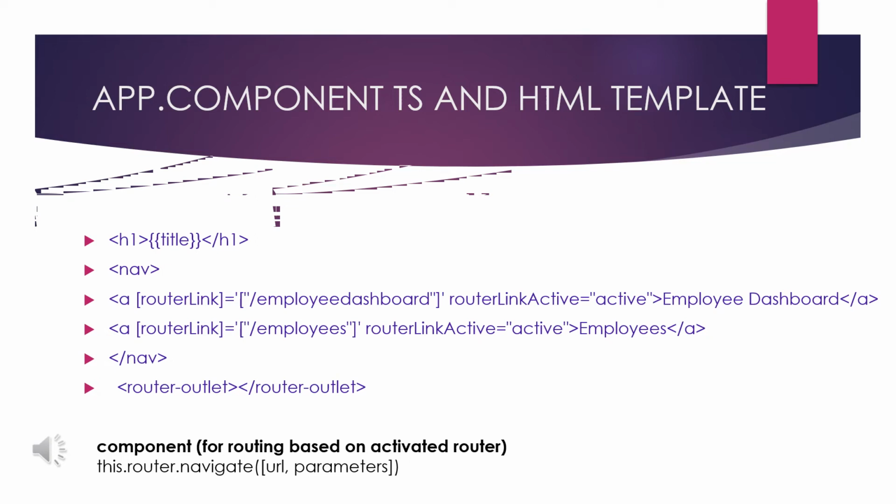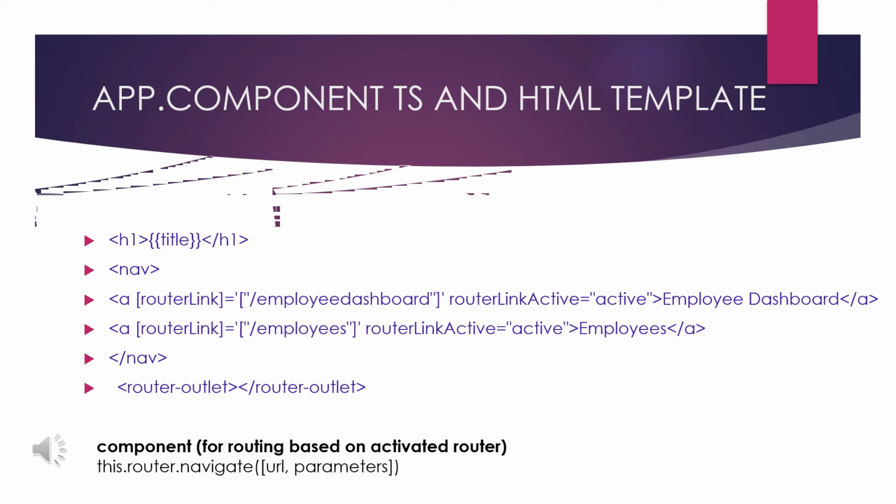The last line I have given is router-outlet. The router outlet means whichever routers I used here. I used two routers, right? One is employee dashboard and another one is employees. These routed components will be fetched to the router outlet and displayed under this template file.